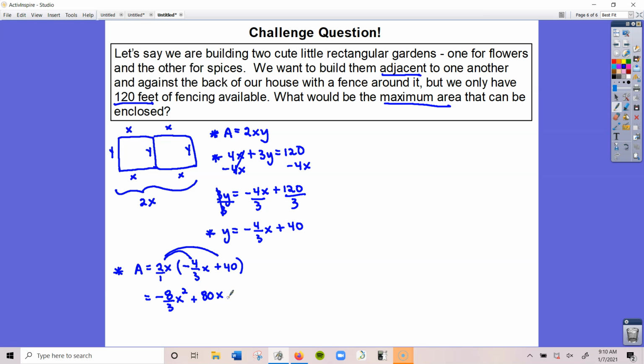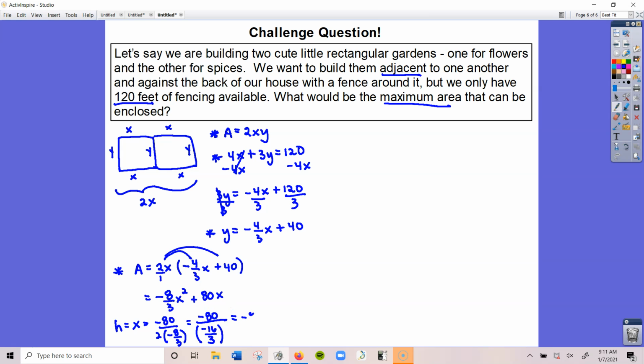Now I'm ready to find the vertex. So h is equal to, in this case x, which is negative b, so negative 80, over 2 times a, which is negative 8 over 3. Now I know that we don't like this, right? So let's work with the denominator first. This is negative 80 divided by negative 16 over 3. Now when you're dividing fractions, that's when you multiply by the reciprocal, or copy, change, flip.